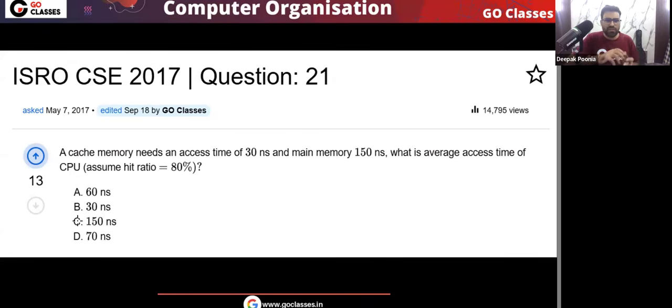But if the data is not available in the cache memory, then what? Then also remember, because there is a memory hierarchy in our computer system, when the CPU generates the address but the data is not available in the cache memory, first we will go to the cache memory. We will search in the cache memory whether there is a hit or a miss. Now we will find that okay, there is a miss.